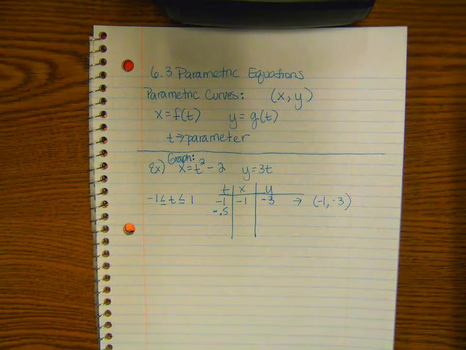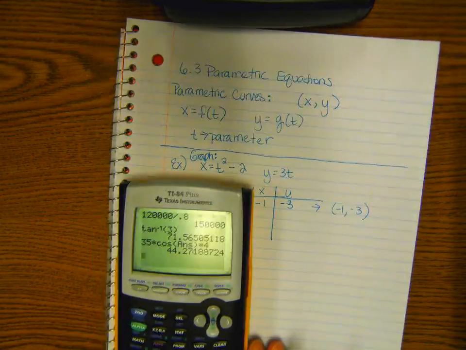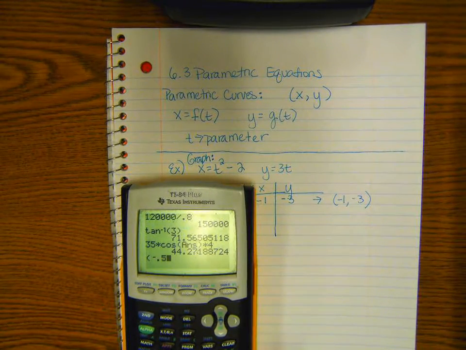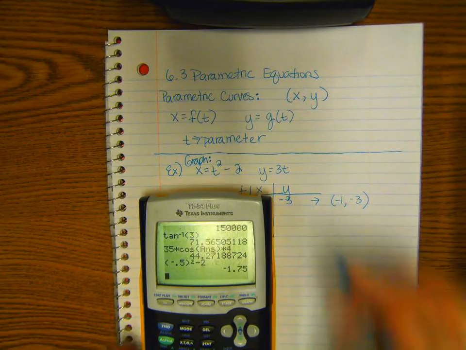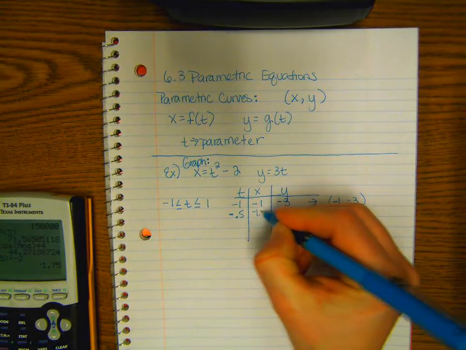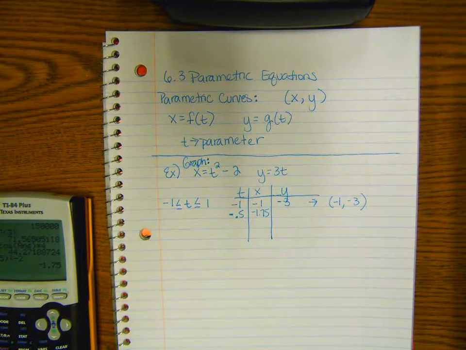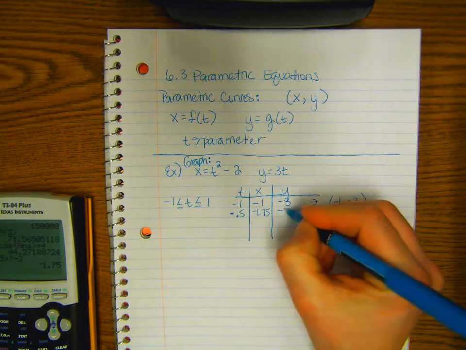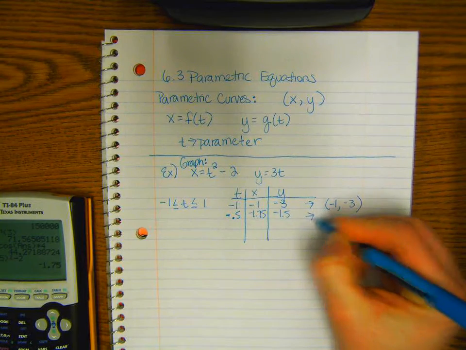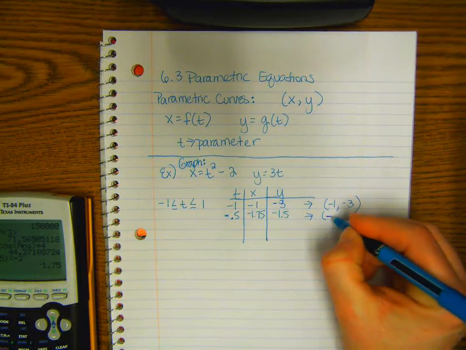So -0.5 squared, -2. And then if I put -0.5 in here, I would get -1.5. Is this making sense so far? Okay. And so then I would graph this point.